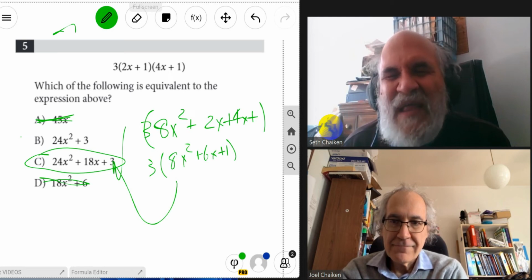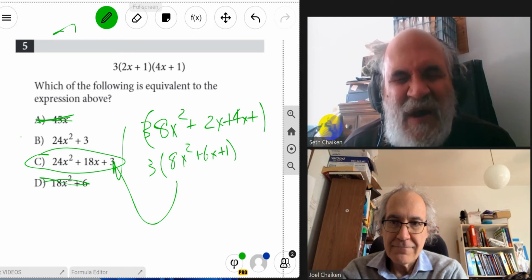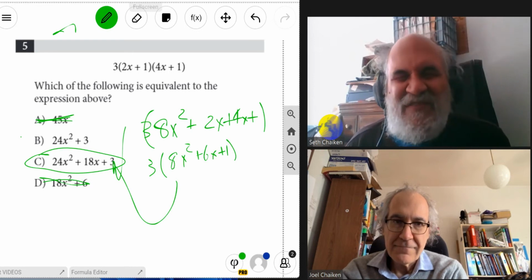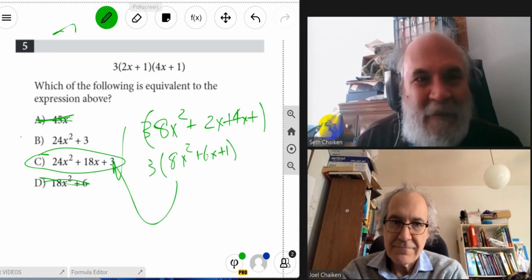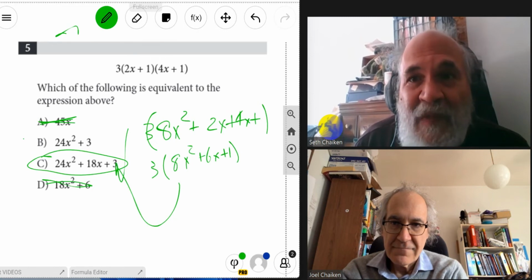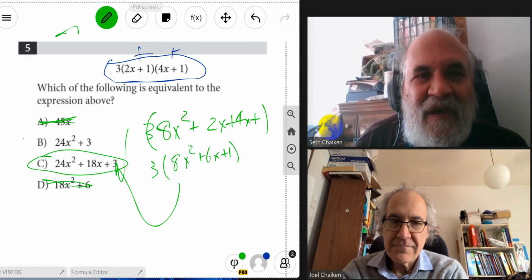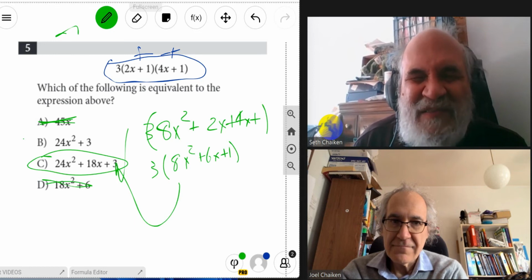Then think of what happens because of a couple of properties. All of the signs here are positive. There are no negative numbers, no minus signs.